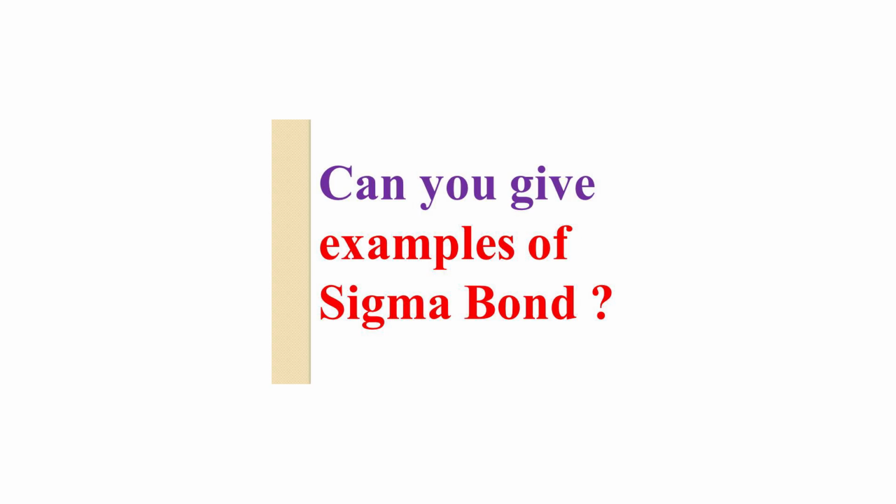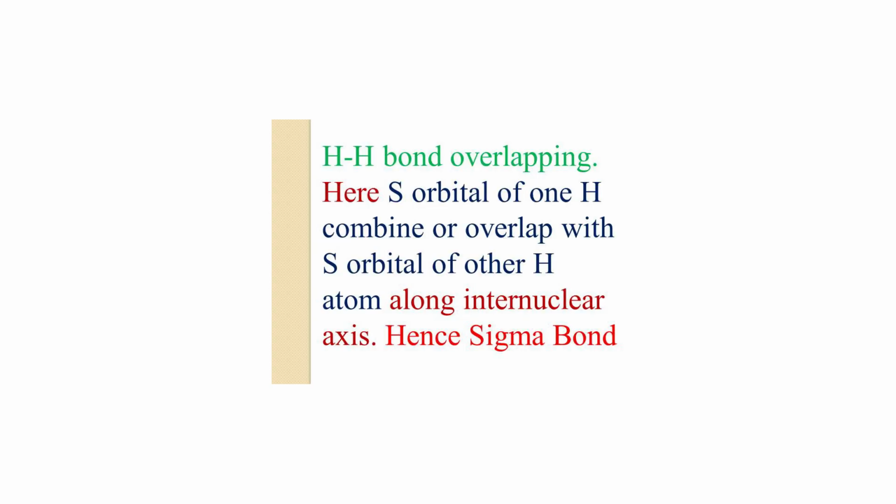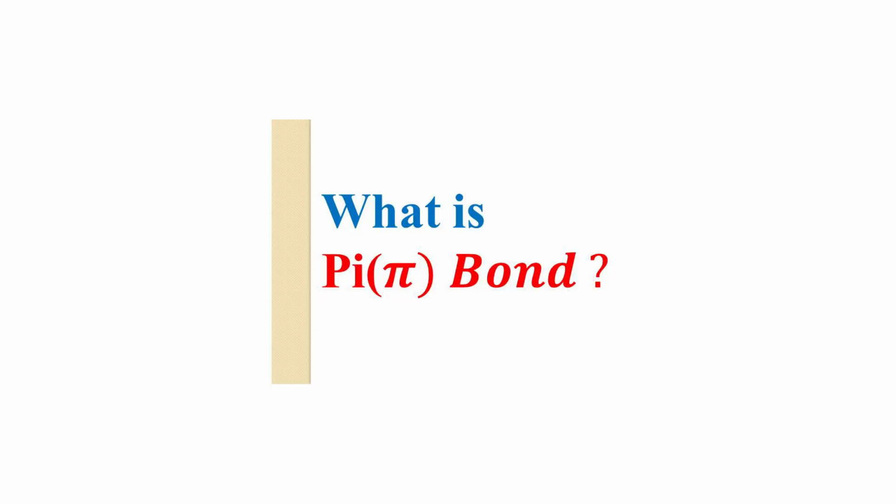Can you give an example of sigma bond? Example, in hydrogen. One s orbital of hydrogen combines with another s orbital of hydrogen to form a sigma bond, that is along internuclear axis. Such a bond is known as sigma bond. What is pi bond?